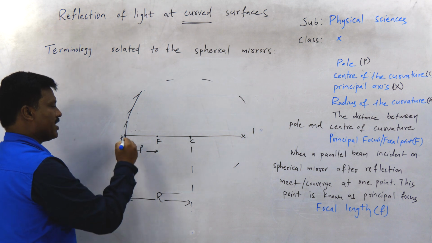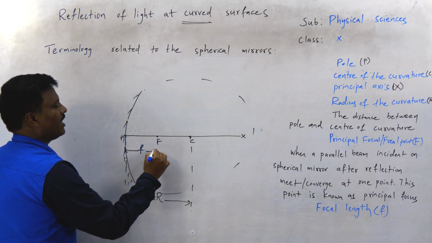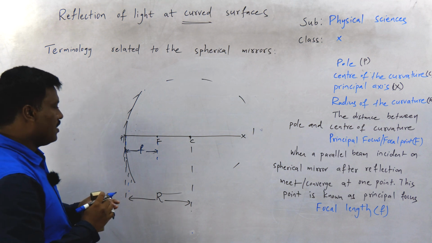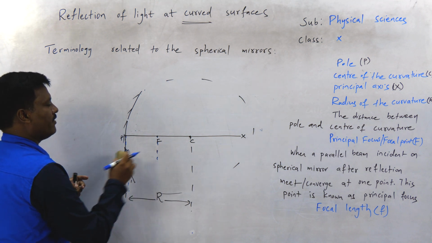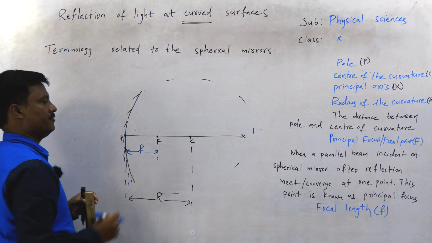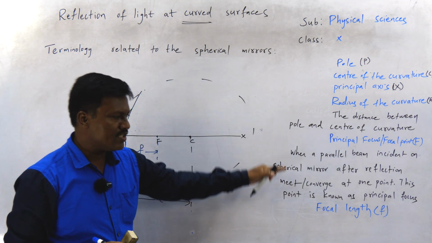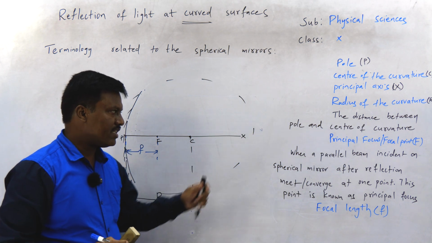So this particular distance is known as focal length. I hope you understand all the definitions. Please note down these definitions.